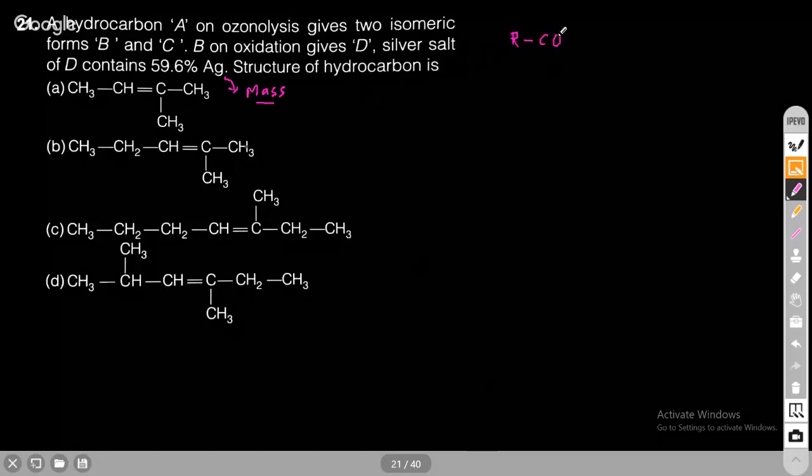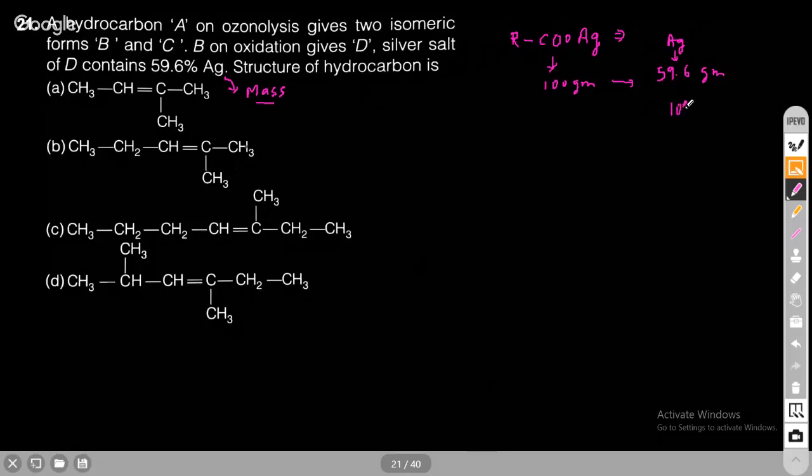is nothing but RCOOAg, the salt of silver. In this, if I take the mass as 100 gram, then the mass of silver present in it is 59.6 gram. The atomic mass of silver is 108.